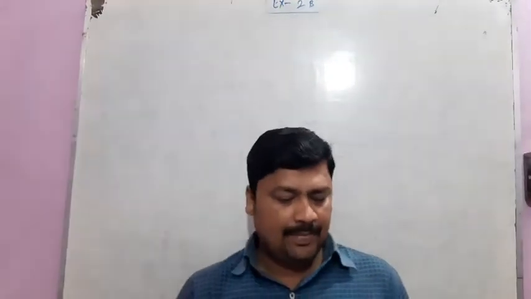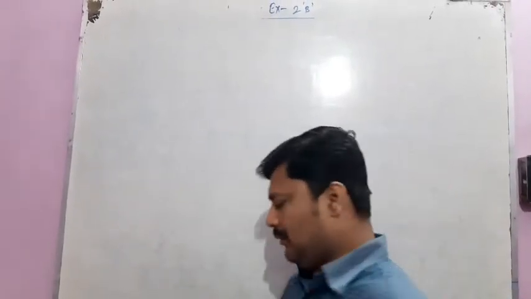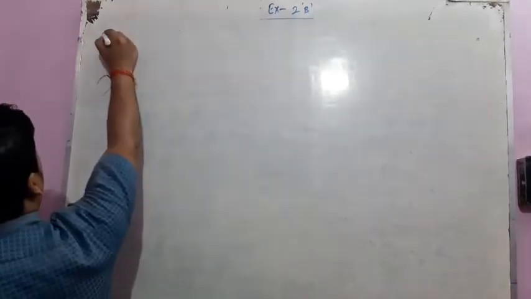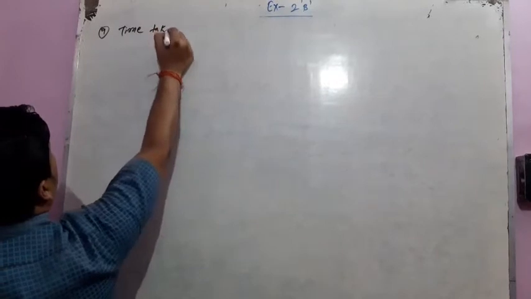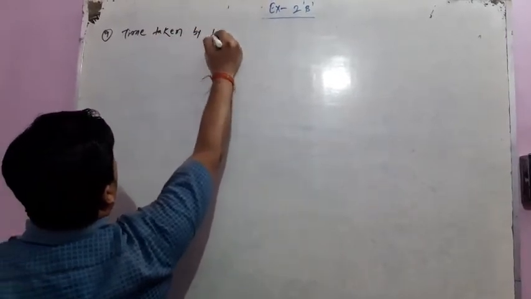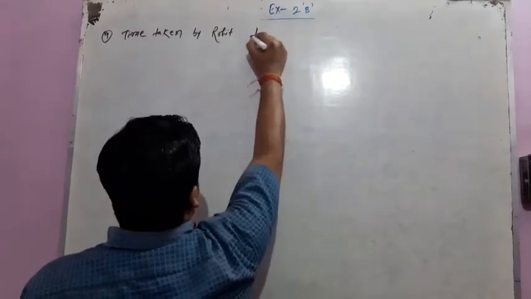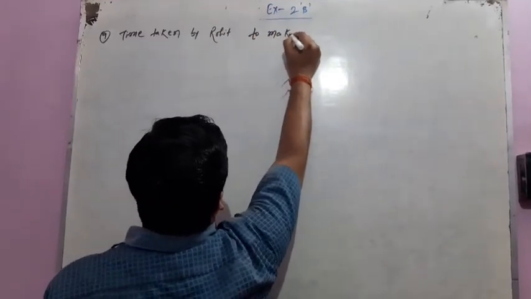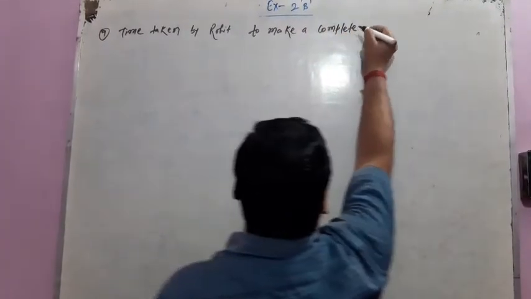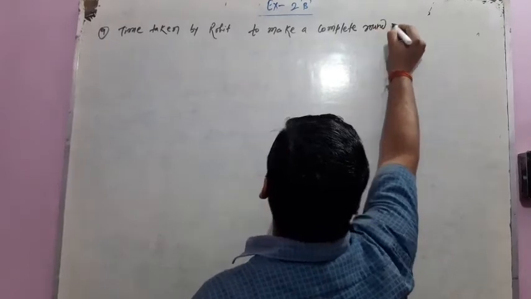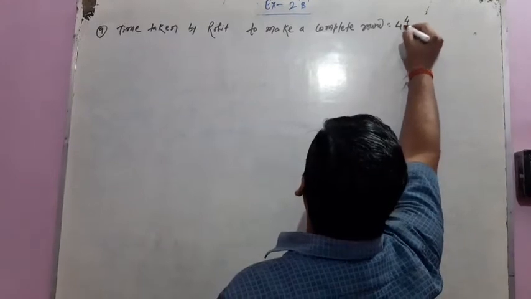Now in question number 9, Rohit takes 4 by 5 minutes to make a complete round. Time taken by Rohit to make a complete round, that is 4 whole 4 by 5 minutes.